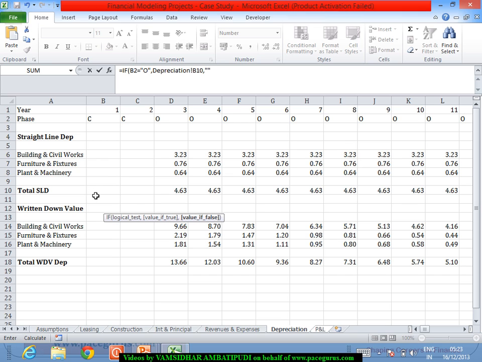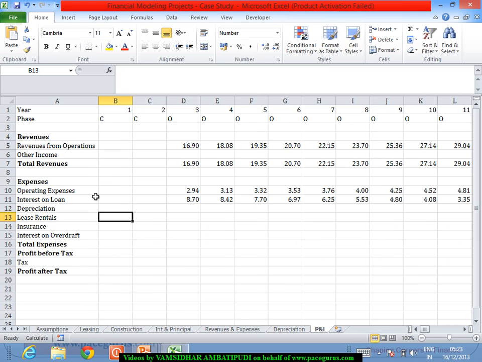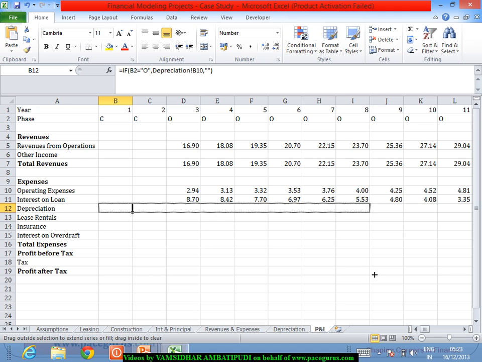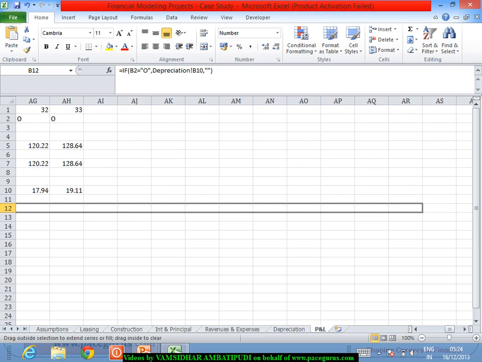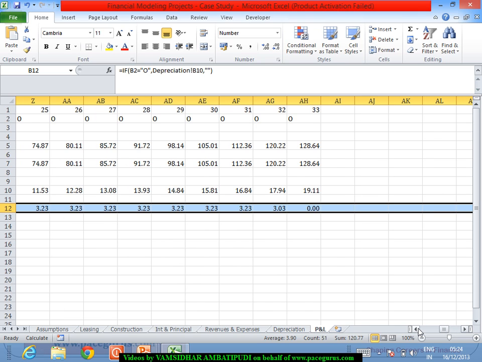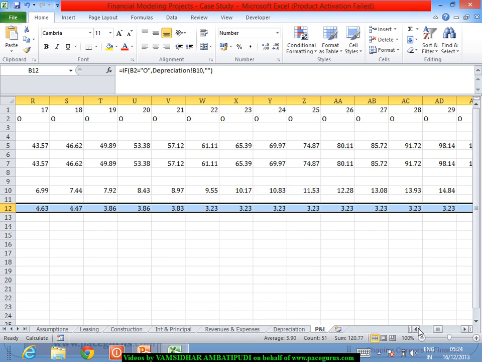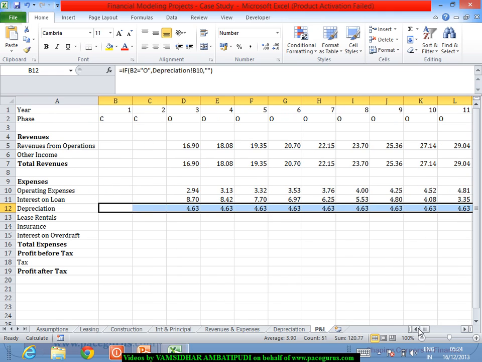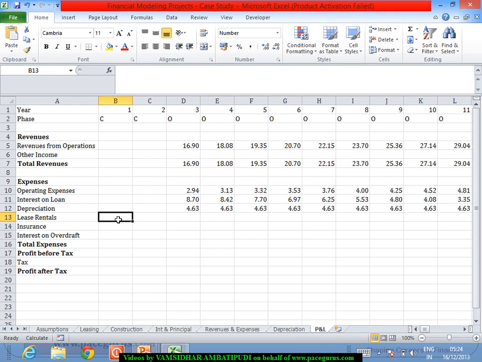So I'll leave that, and the remaining thing is left as a blank. So when I'm dragging it across, the same logic, these are the total depreciations over each of the years. This is one more expense that is coming out in each of the years.